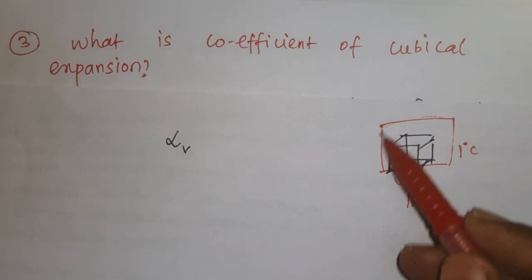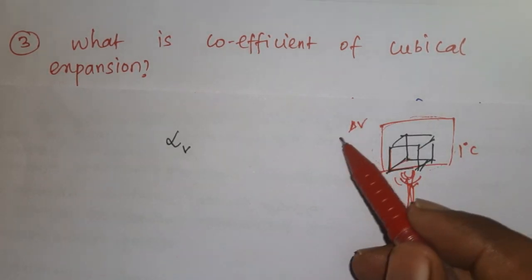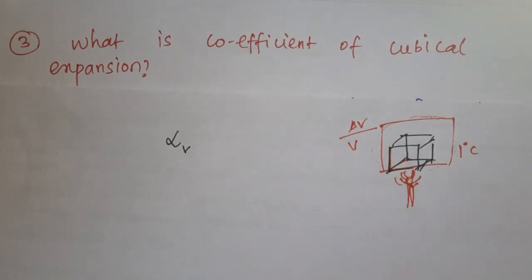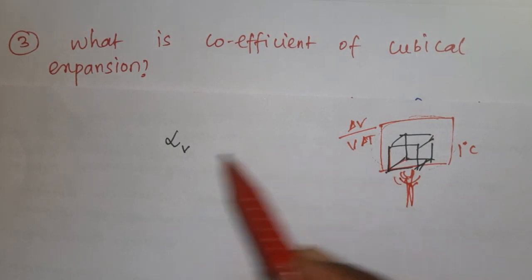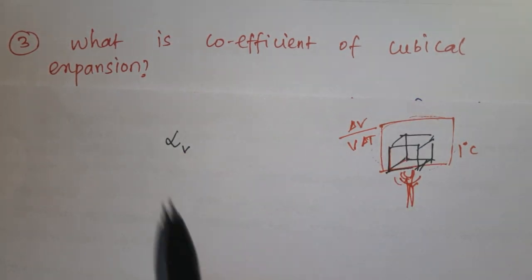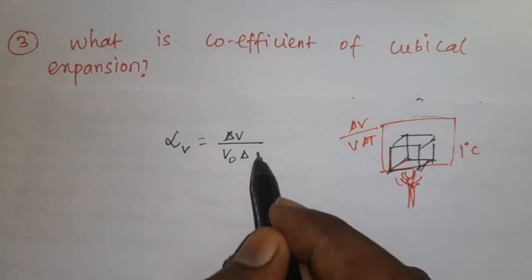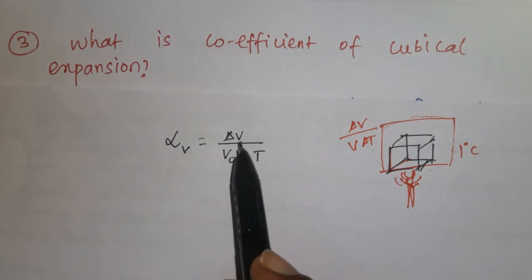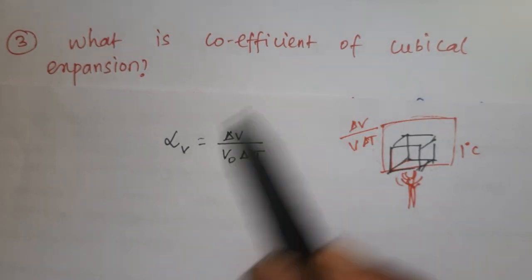So the volume changed by del V. The initial volume was V naught. The degree rise in temperature is del T. So this is the formula for the coefficient of cubical expansion: alpha V is equal to del V by V naught into del T.